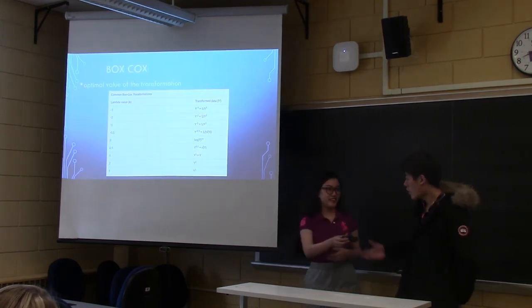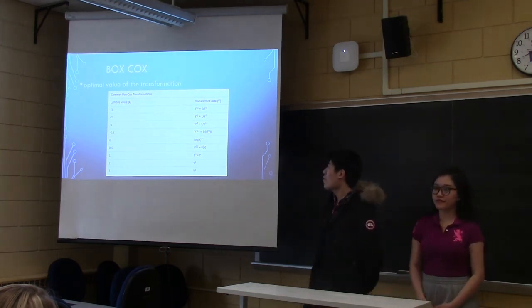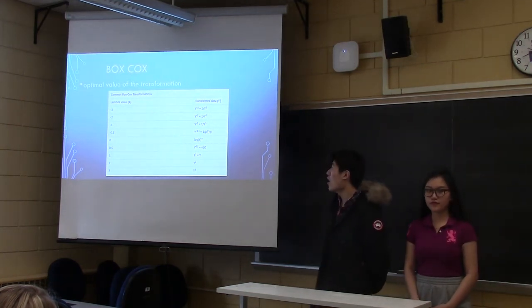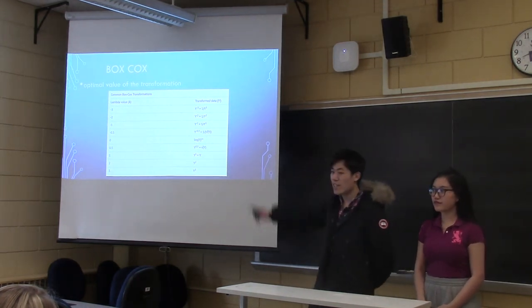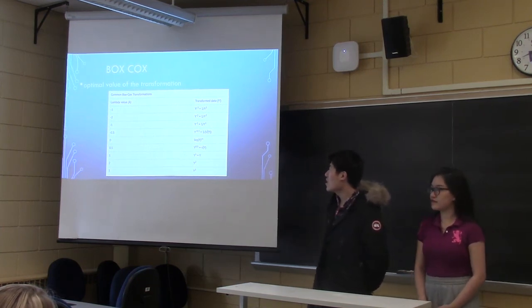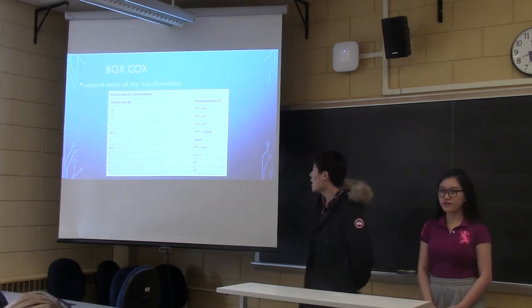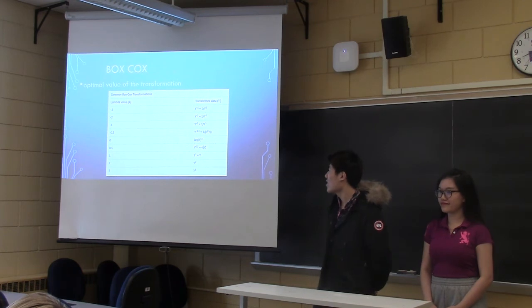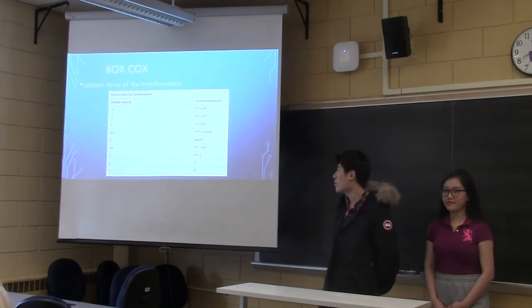Now we use the Box-Cox plot to find the most optimal value of the transformation, so that the data distribution looks more like a bell shape. If lambda is -1, we use 1 over x. If lambda is 0, we use the log transformation.